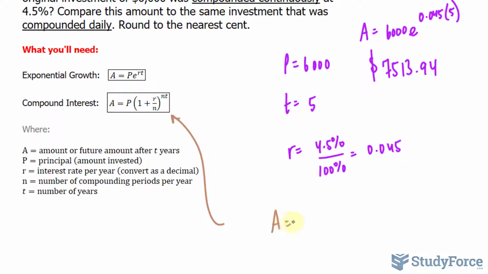I have A is equal to my principal of 6,000, bracket 1 plus r, 0.045 per n, which is 365 days per year. And that will be raised to the power of n times t, 365 times 5.